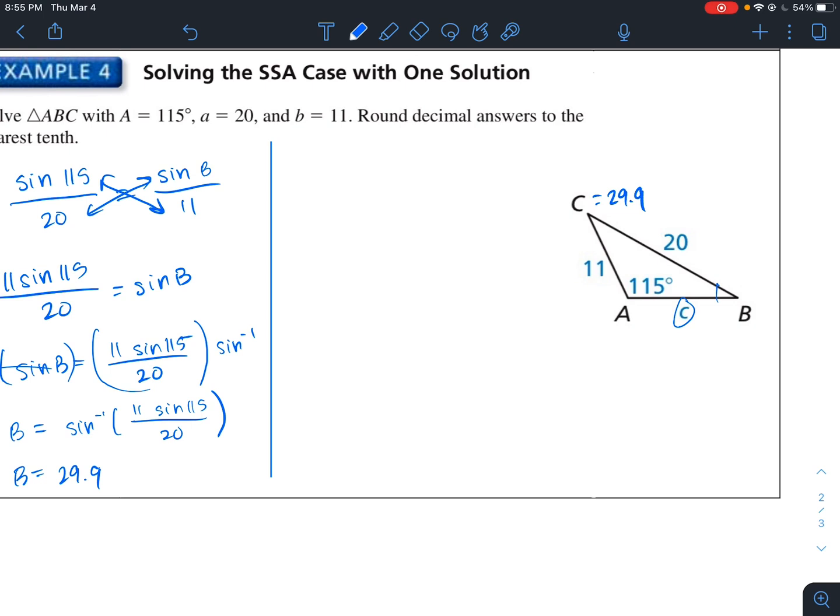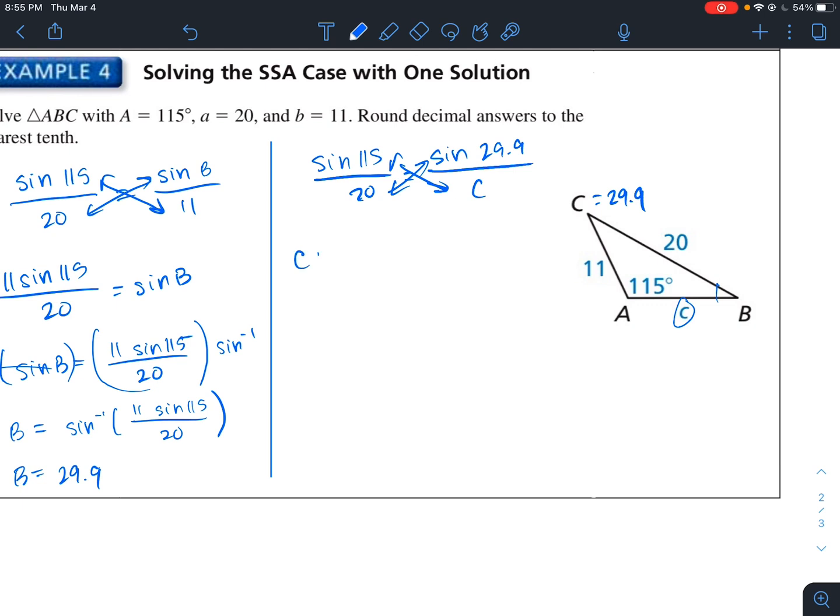I know sine of 115 over 20. So using angle A and side length A, this is equal to, we could do C, so sine of 29.9 divided by C. I can use cross multiplication.